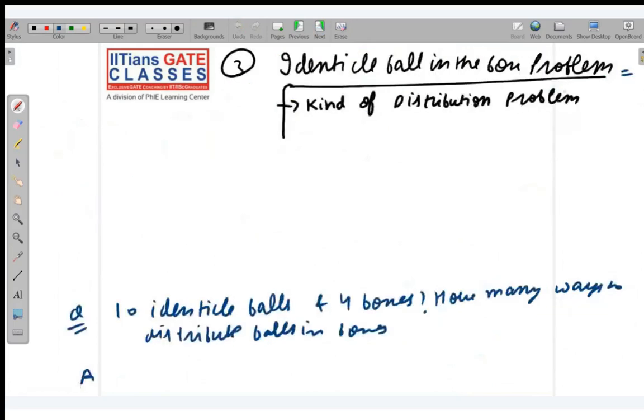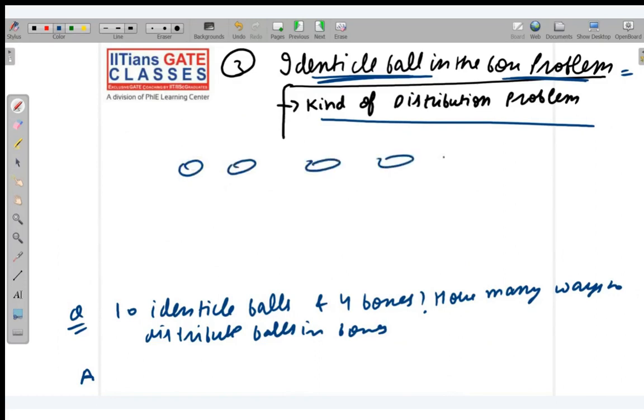So next is the identical ball in the box problem. It is a kind of distribution problem. What it is saying is that we have identical balls. Balls are identical, please try to follow it, but the boxes are different. Boxes are not identical, but balls are identical.